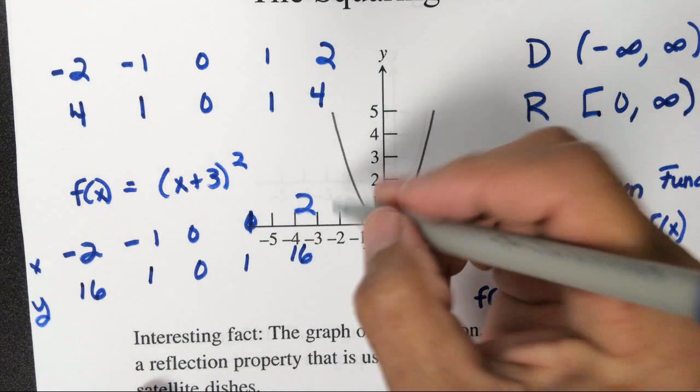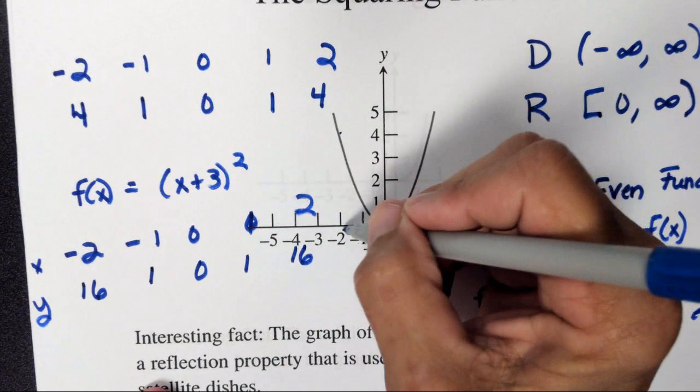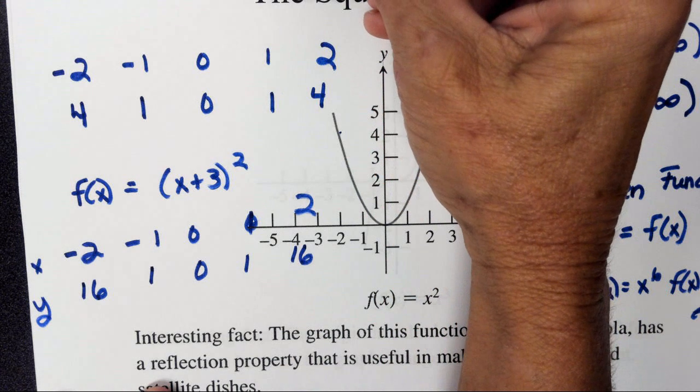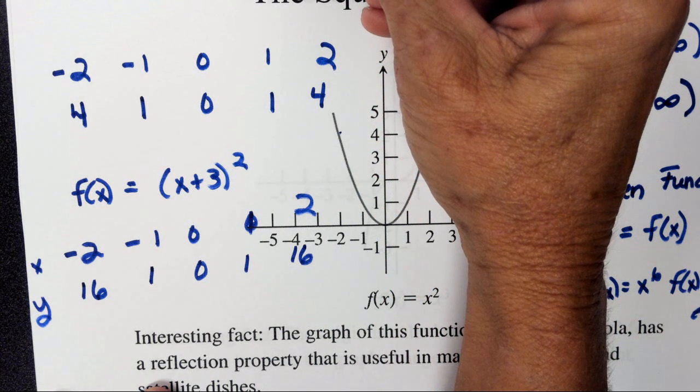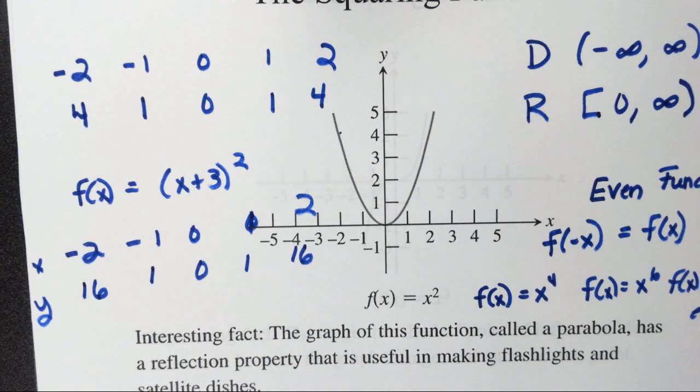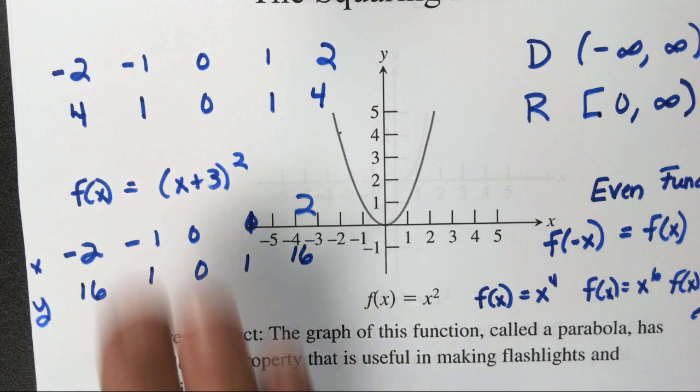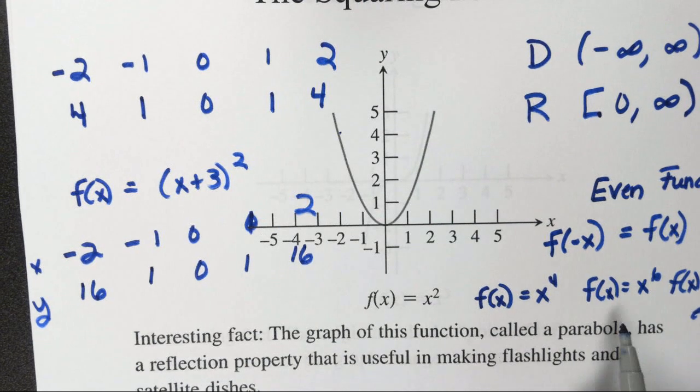Because instead of having a point here at negative 2, 4, I now have a point at negative 2, 16. All right, so that's why it gets skinnier and skinnier. The transformations are going to work the same, but each of these will have a different set of parent points. Okay?